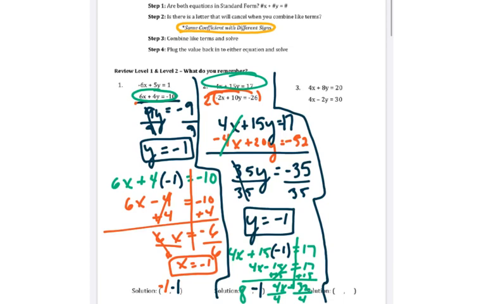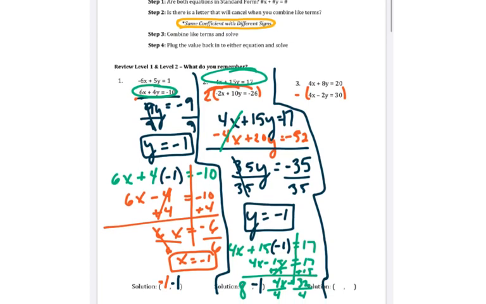So what we need to do is pick either equation, it doesn't matter which one, and multiply it times a -1, so that way they will cancel. My first equation is just 4x plus 8y equals 20. My second equation, multiplied times negative 1, is negative 4x plus 2y equals negative 30.